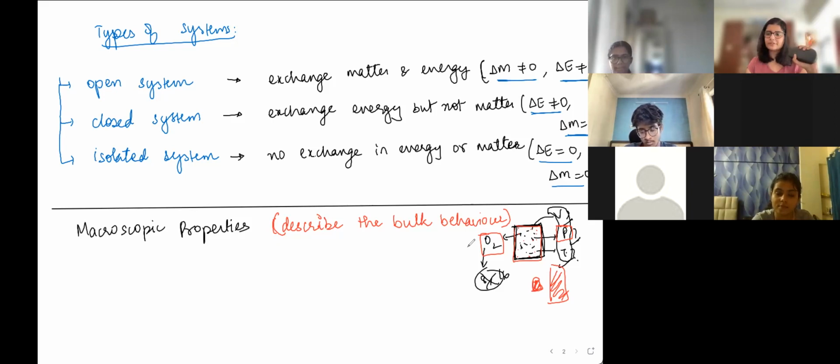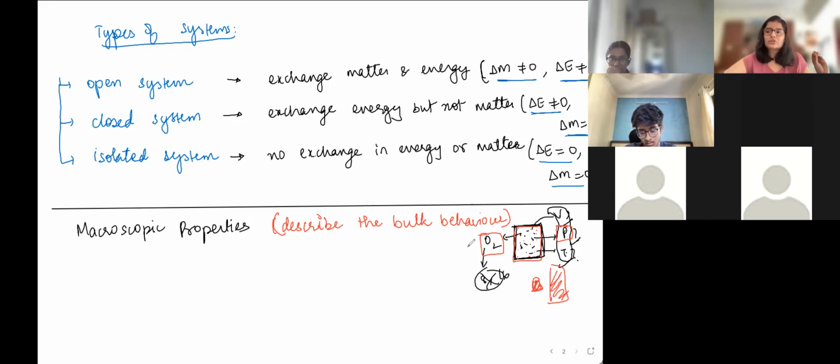It's absorbing all the wavelengths of light, right? So temperature, volume, pressure, color, density, the things that describe the bulk behavior of a substance, come under macroscopic properties.